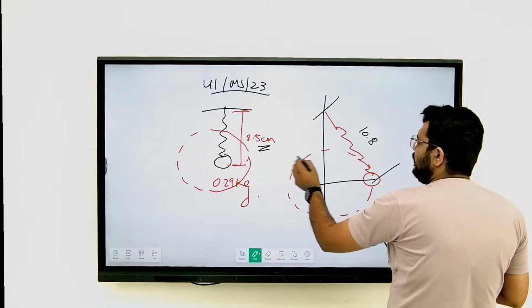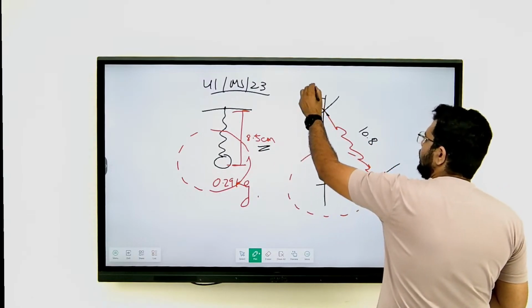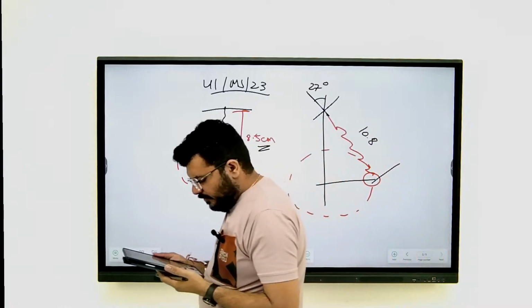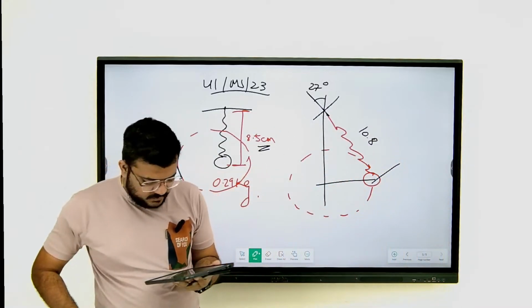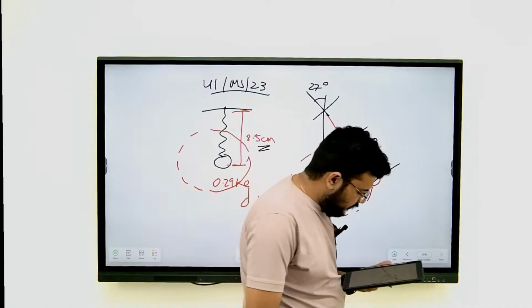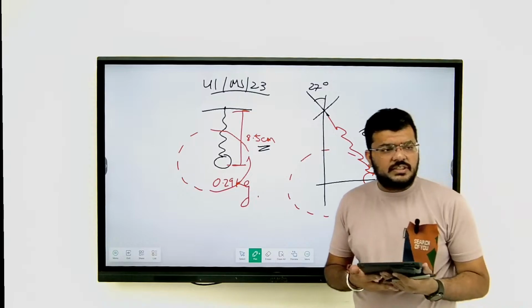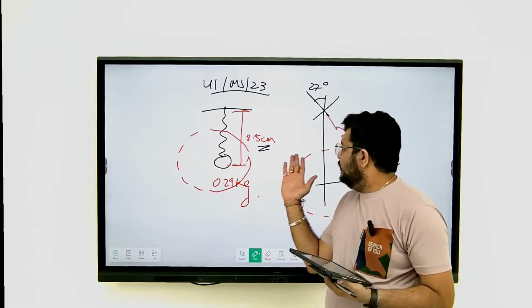It was 8.5 initially, now it's 10.8. They have given that this angle is 27 degrees. Explain with reference to the forces acting on the sphere why the length of the spring in figure 2.2 is greater than in figure 2.1. Why has the length increased?